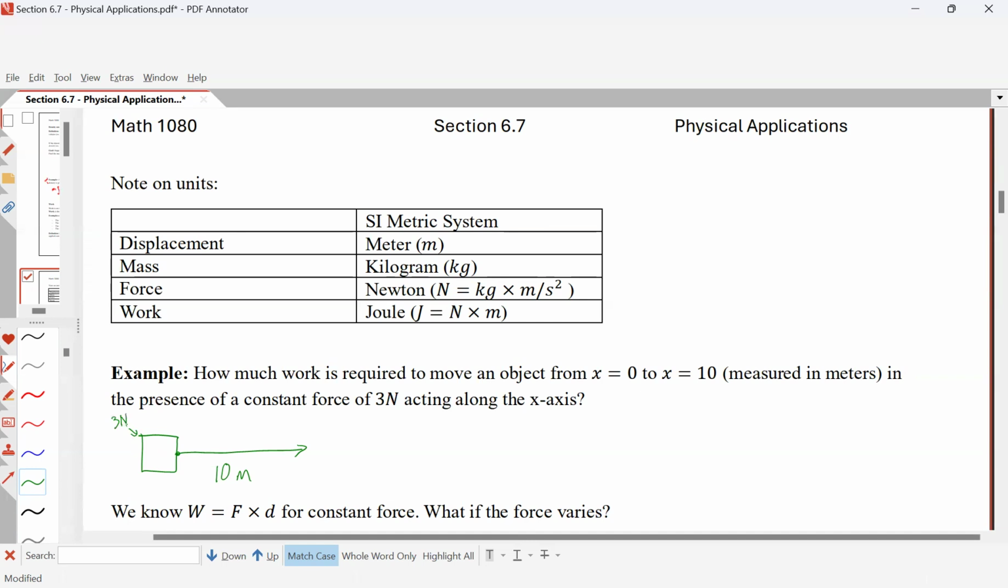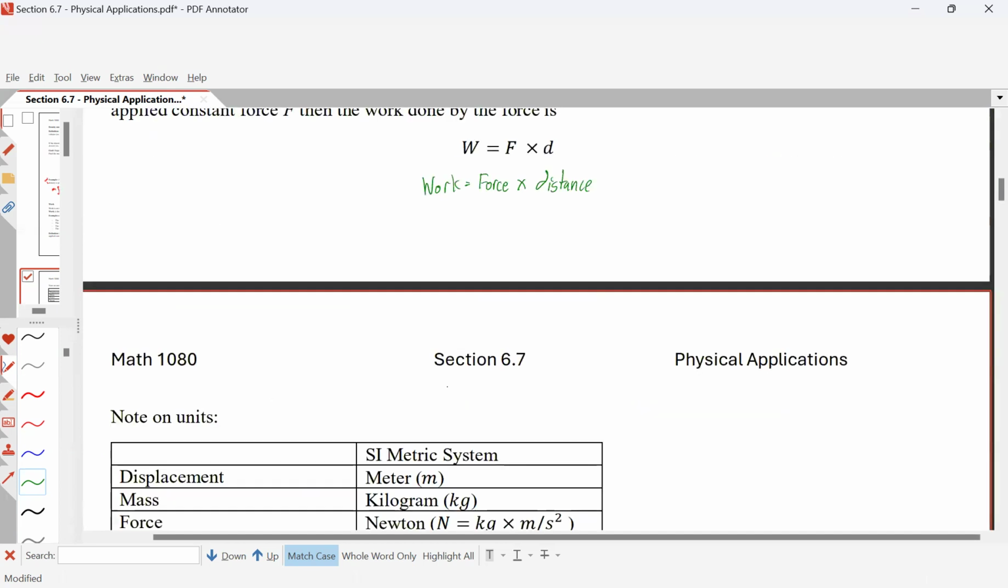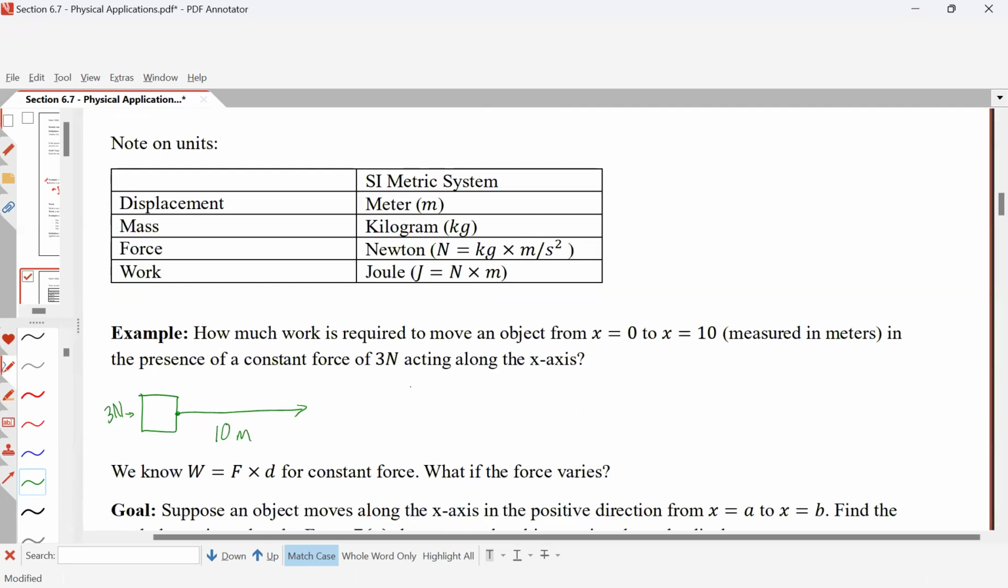How much work is needed to push this box or this object along the x-axis? Well, work is force times distance. We're applying 3 newtons of force over 10 meters. So this is 30 joules.